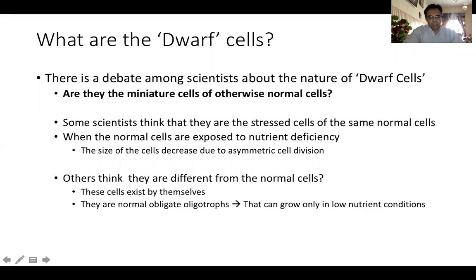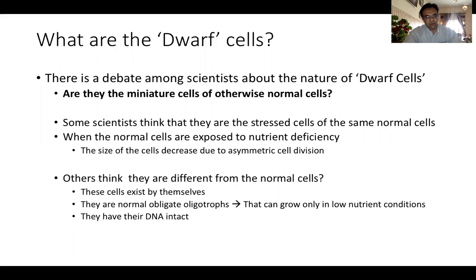So, according to this theory, they think that these cells are obligate oligotrophs. Oligotrophs are those populations which prefer low nutrient media, which can only grow in low nutrient medium, like the stress soil. So they can grow only in low nutrient conditions.